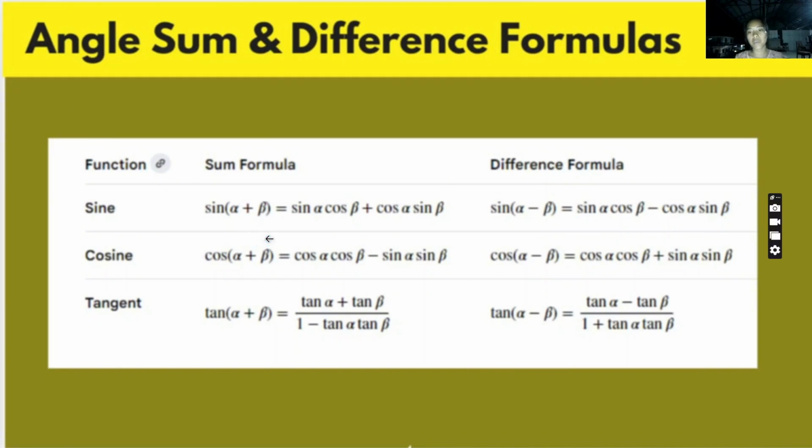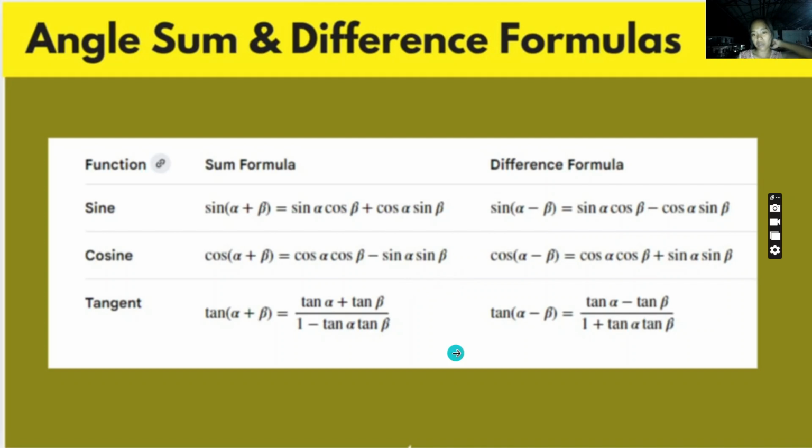And in the difference formula, we have sin(a - b) equals sin a cos b minus cos a sin b. In the cosine function, the sum formula is cos(a + b) equals cos a cos b minus sin a sin b.